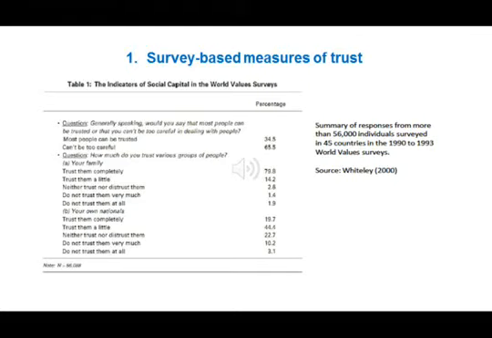And as you can see, this table is a summary of responses from more than 56,000 individuals surveyed in 45 countries, from 1990 to 1993. So across this wave of the World Values Survey, 65% of the people surveyed showed low levels of trust.